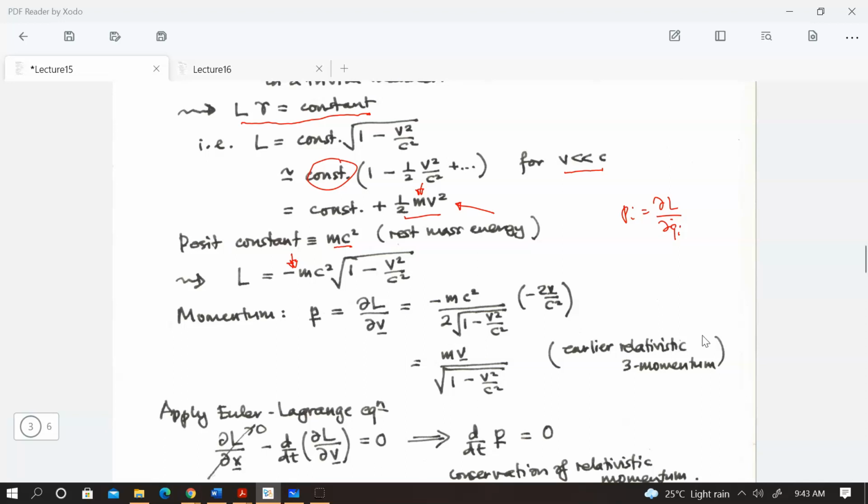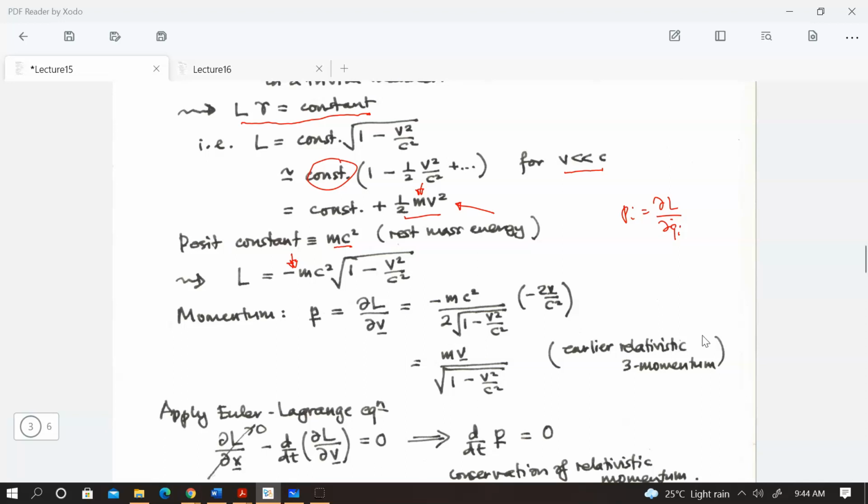Okay, and then you differentiate the thing inside, that gives you minus 2v on c squared multiplied by the constant that we had outside here, which is minus mc squared. The two minus signs will actually cancel off. Okay, and then you get c squared multiplying this 1 over c squared over here, which will just give you mv. The 2 also will cancel off.